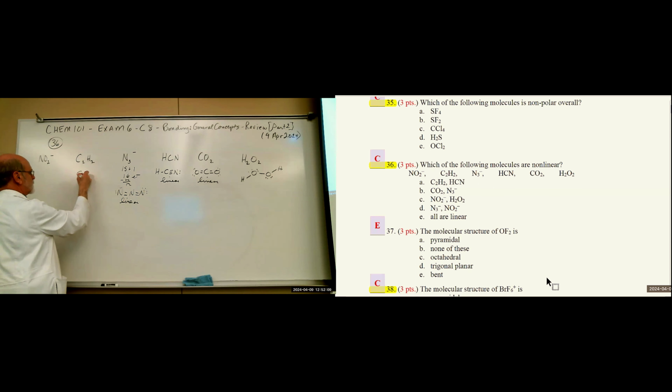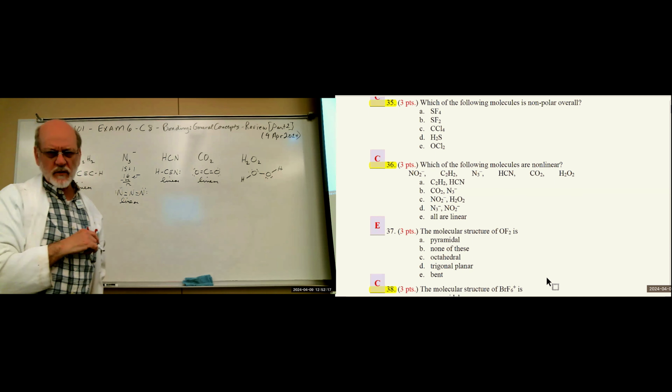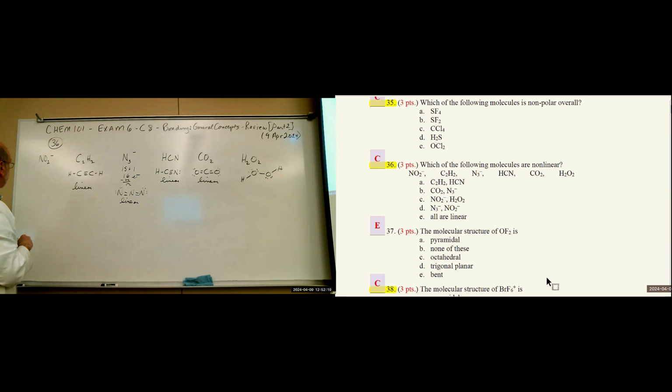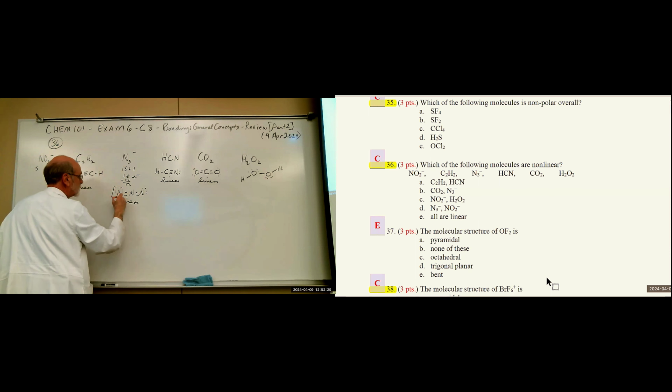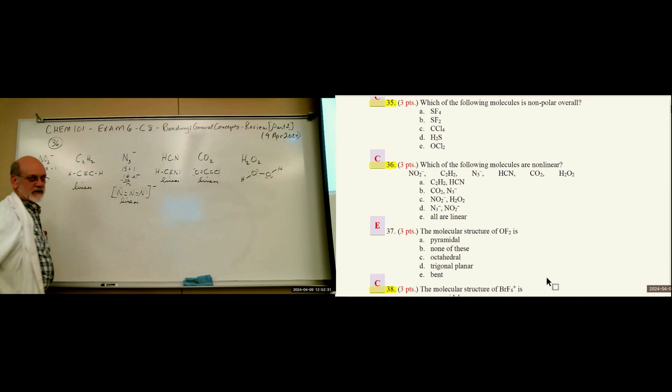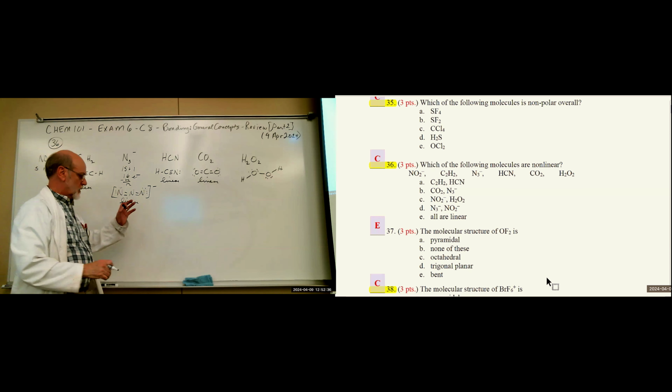Acetylene. We've done acetylene before. That's linear. Was that the question? Oh, the question is non-linear. Okay, so we just need to do this one. Nitrogen in is 5, and 2 times 6 is 12 plus 1 for the charge. Oh, boo-boo. Got to put that negative there.